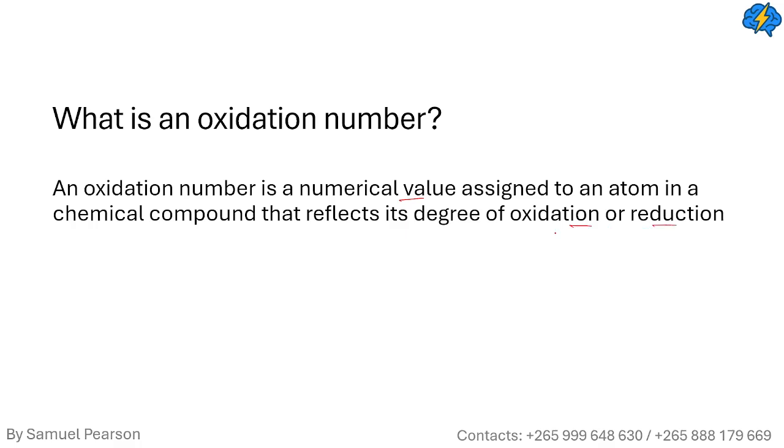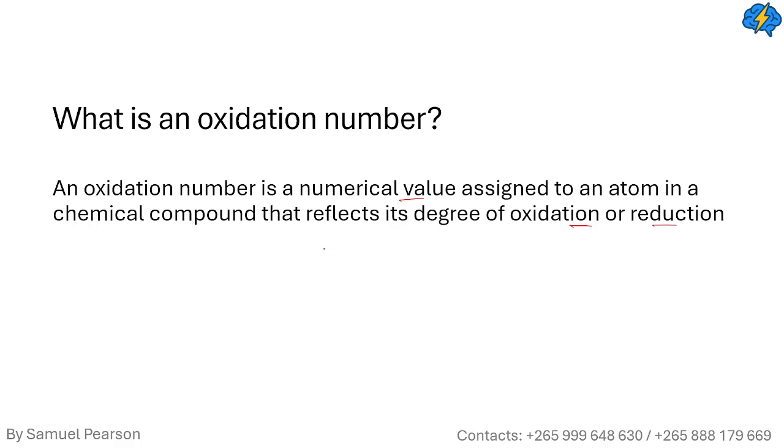Recall in the previous lesson, we defined oxidation as the process where an atom, molecule, or ion loses one or more electrons. And we defined reduction as the process where an atom, molecule, or ion gains electrons.